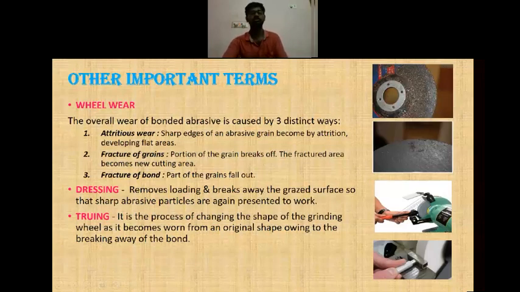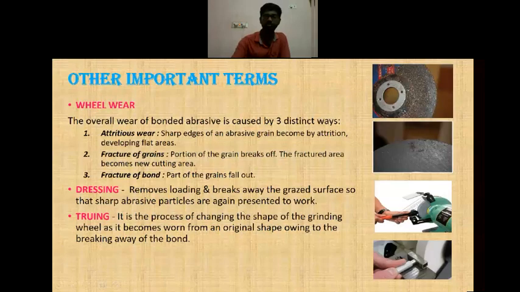Dressing normally refers to the removal of the glazed surface on the grinding wheel, and truing is the process of changing the shape of the grinding wheel as it becomes worn from its original shape owing to the breaking away of the bond. These dressing and truing processes are used for good maintenance of the grinding wheel.